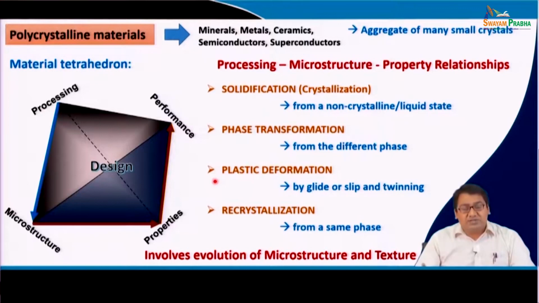A material tetrahedron in metallurgy or material science is being used to show the processing microstructure property relationship of these materials.